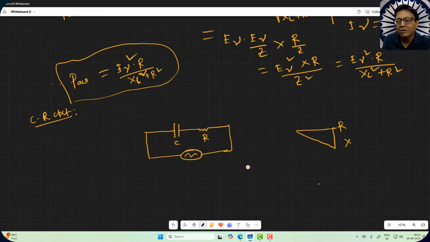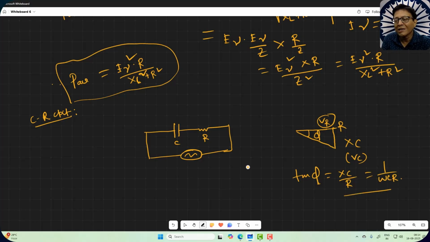This is R, this is XC, and this is phi. Because in this direction VC is there, in this direction VR is there, VC lags behind the voltage of resistor by phi, and tan phi value is XC by R, 1 by omega C into R.